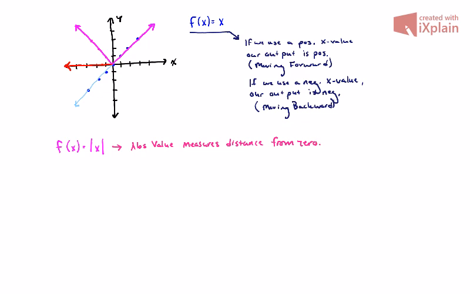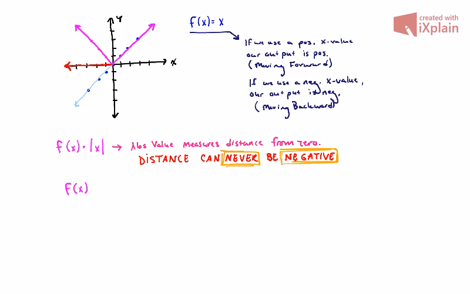And basically one of the major points that you need to take away from studying the absolute value is that distance can never be negative. Okay, so again, let's kind of highlight that or box it. Okay, never be negative.